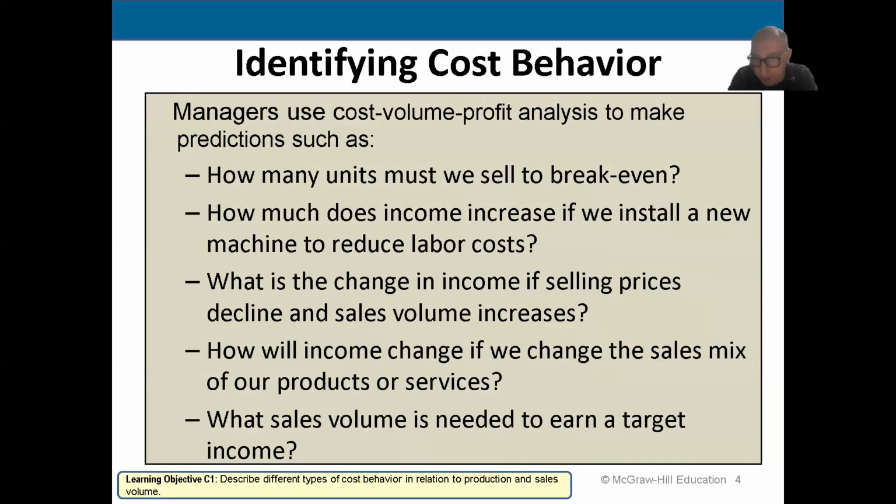How many units do I got to sell to cover my cost, to break even? What if I have an increase in income and I want to install a new piece of machinery? Will it reduce my labor costs? I don't know. It's a behavior cost question.